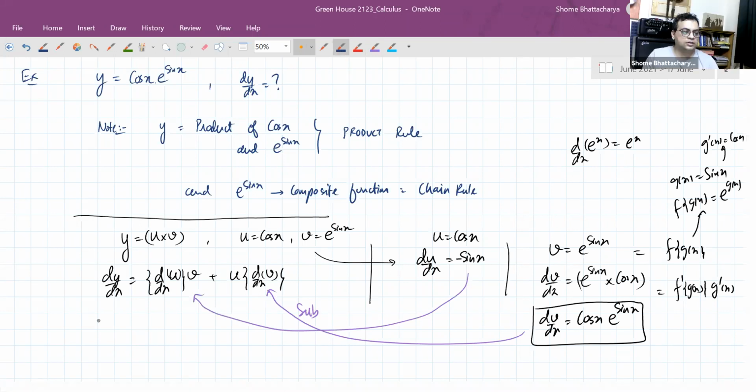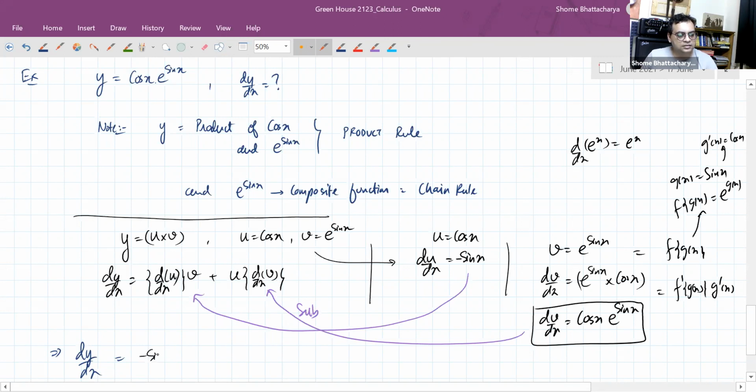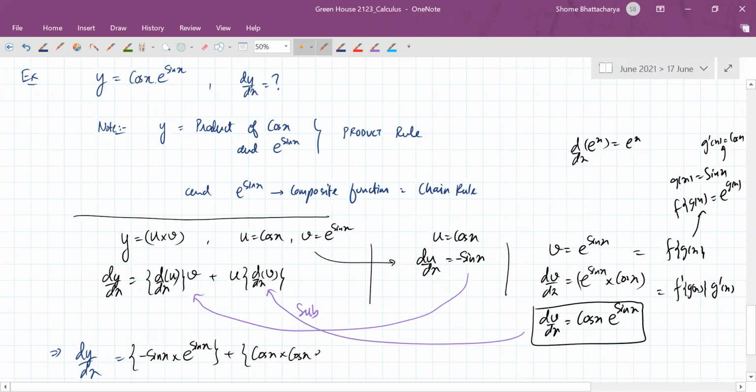Okay. So this now becomes dy by dx is equal to du by dx, which is minus sin x into v, which is e raised power sin x, this whole thing plus u, which is cos x, into dv by dx, which is cos x e raised power sin x.